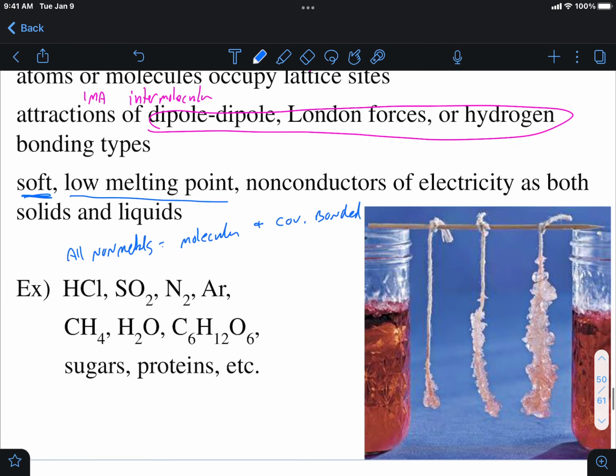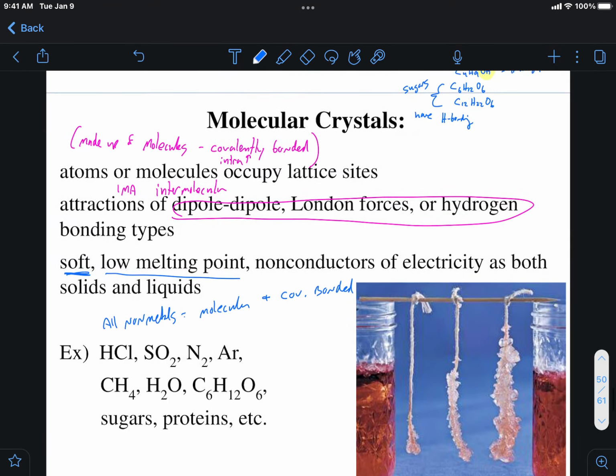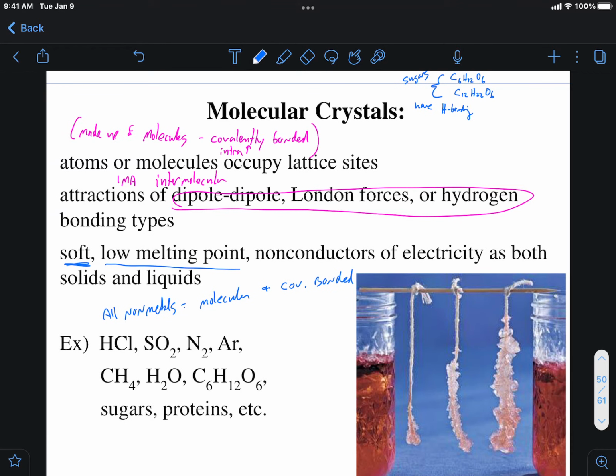Now, just to clarify, if something is covalently bonded, it doesn't mean it has to be a solid. It just means that the solids that are covalently bonded are softer, right? Because water is covalently bonded, right? There's lots of gases, right? CO2, oxygen, all of those are covalently bonded.